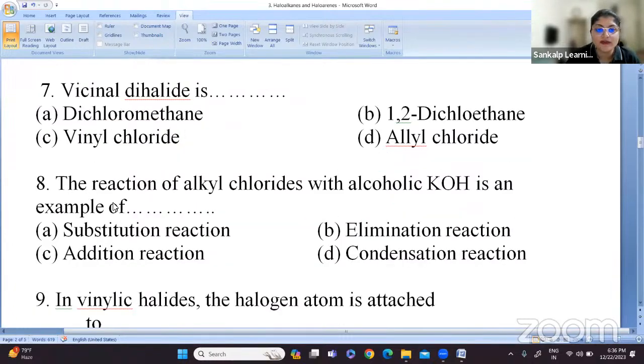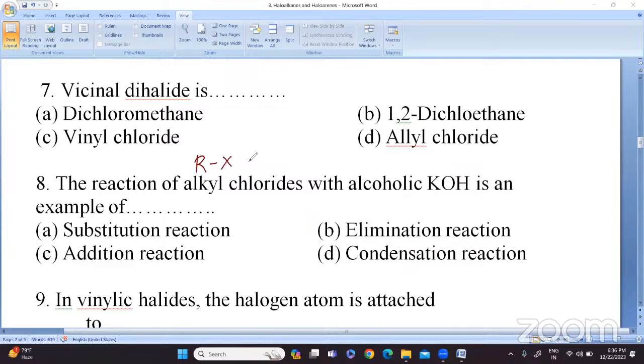The reaction of alkyl chlorides with alcoholic KOH is an example of which reaction? I'll take the alkyl chloride as RX, or RCl, reacting with alcoholic KOH. A, substitution reaction, B, elimination reaction, C, addition reaction, or D, condensation reaction?